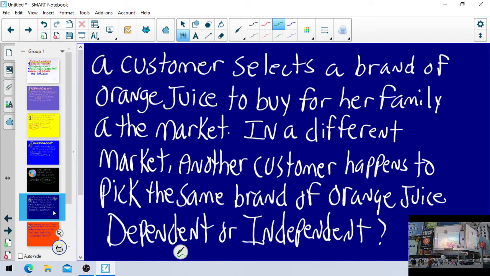And then another customer in a different market picks the same brand. So both of them are independent. They're not dependent on one another. You know why it's independent? Because it was two separate markets. You understand what's going on there? You're getting the gist of this. That's what I thought. Let's do another one.